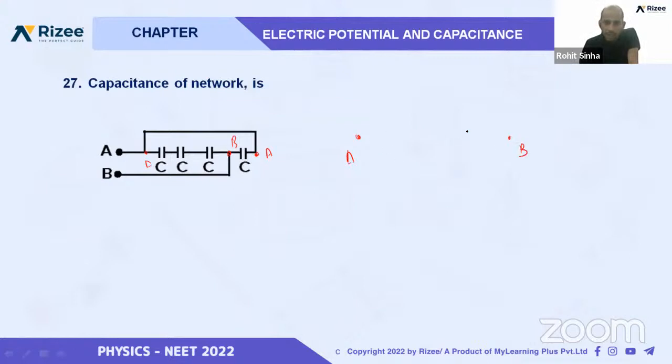Between A and B there is one capacitance C, so I draw here C. Now, between A and B, there are 3 capacitors in series. Now, just solve it and get the answer.